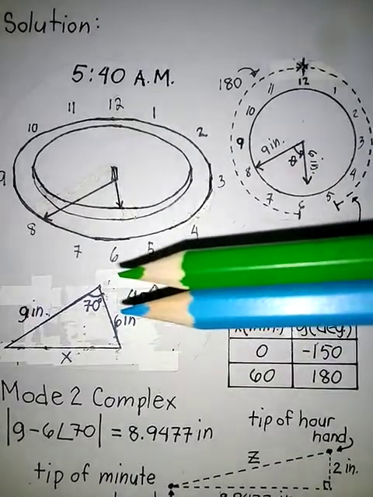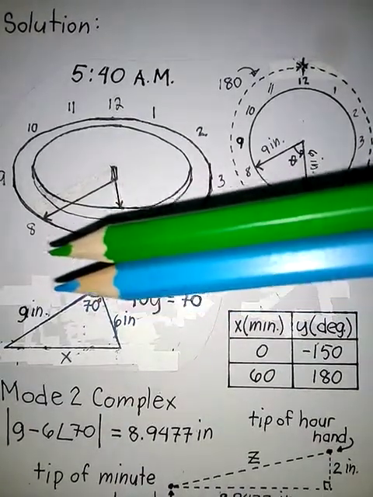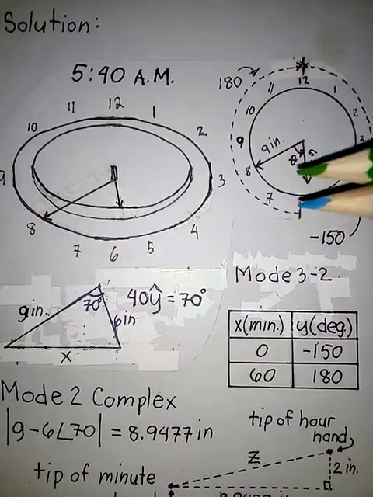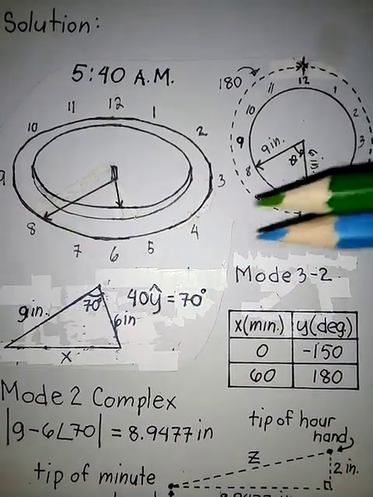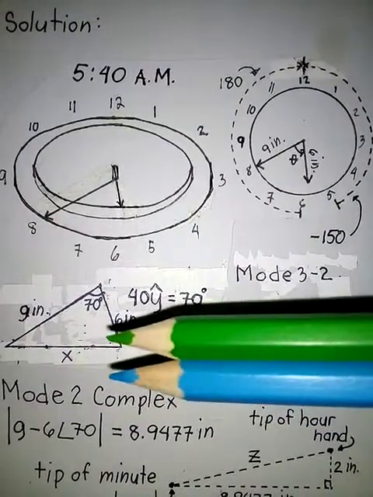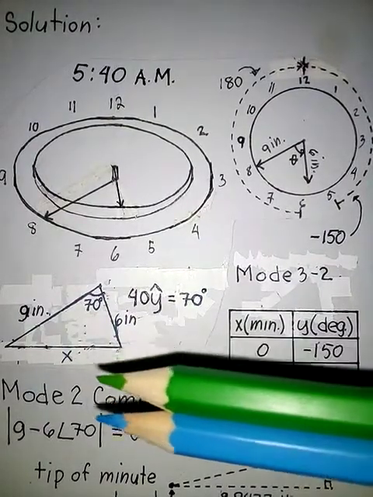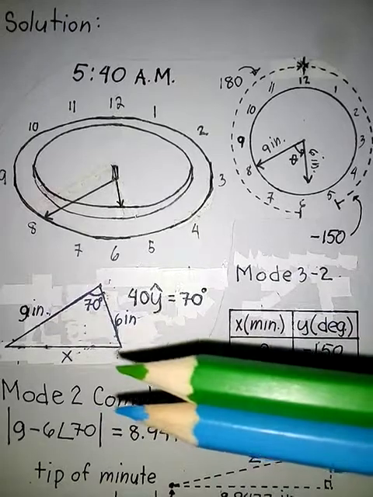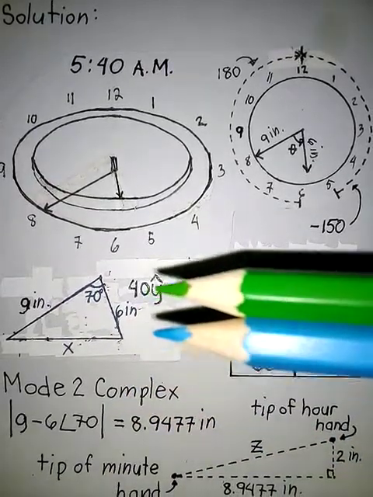So 6 inches for the hour hand and 9 inches for the minute hand, and the angle between them is 70 degrees.